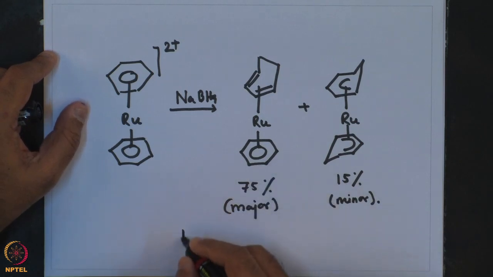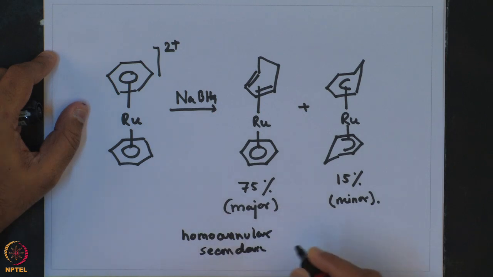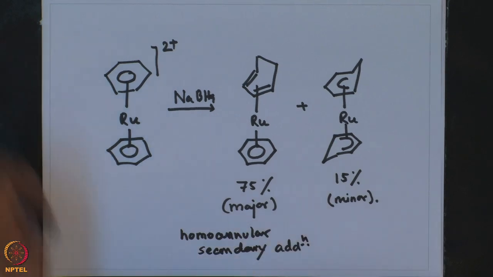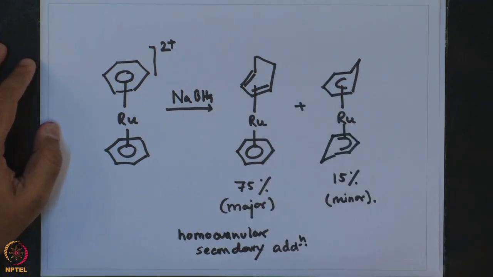So, in this case homoannular secondary addition is more predominant, and the reason given for this homoannular secondary addition in case of ruthenium is just that the thermodynamics favors it.